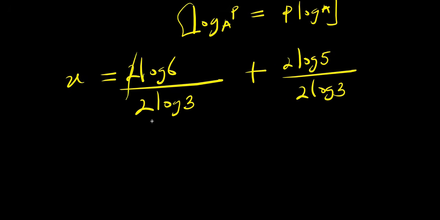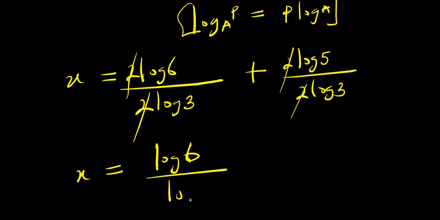So from here, this cancels and this cancels. We have x equals log 6 divided by log 3 plus log 5 divided by log 3.